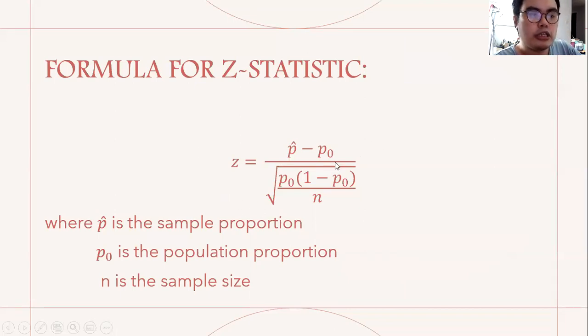For the denominator, this is a step-by-step process. We're going to multiply the population proportion with the difference between 1 and the population proportion. After multiplying them together, we're going to divide with the sample size and find the square root of the quotient. After this, we're going to divide the numerator with the denominator.